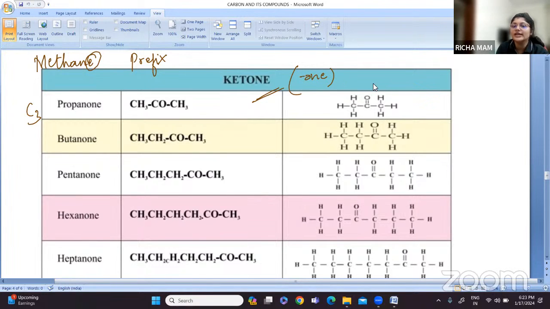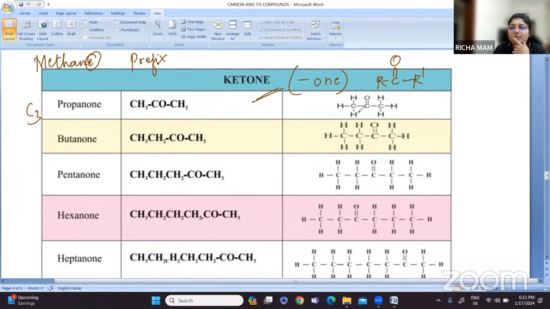ONE is the suffix whenever you have a ketone group. A ketone is represented by C double bond O, with R and R dash attached.